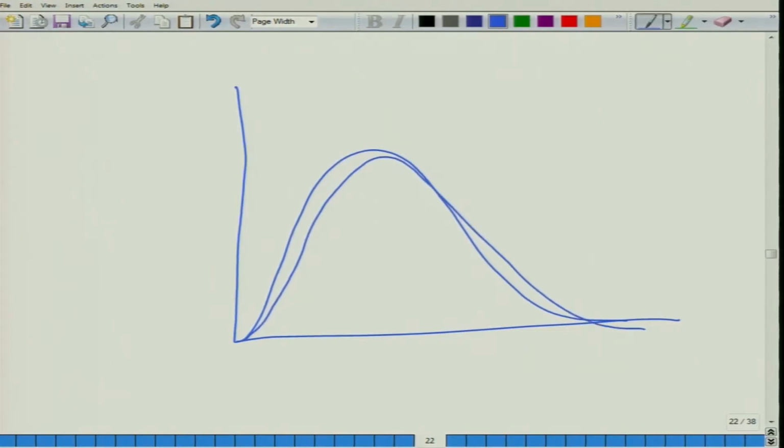Can we say anything with greater certainty? It will be difficult, right?